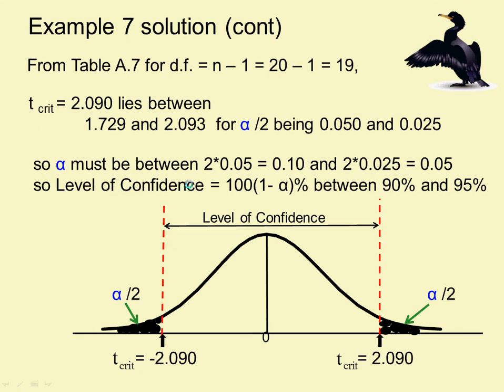So 100 minus 10% gives us 90%, and 100 minus 5% gives us 95%. So there you have it. This critical value of 2.09 lies somewhere between 1.729 and 2.093, which correspond to alpha values of 10 and 5, and so we now know that the level of confidence used to generate that earlier confidence interval must have been somewhere between 90% and 95%.